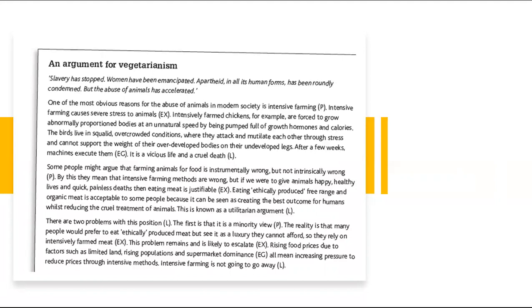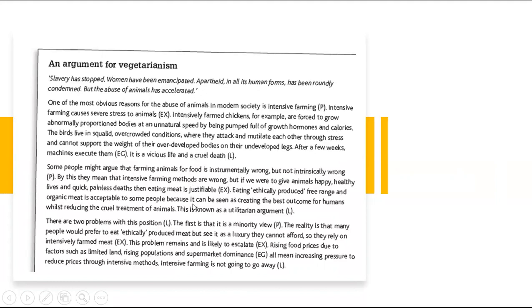After a few weeks, machines execute them. There's your example. It is a vicious life and a cruel death. You're linking that back for obvious reasons why it shouldn't happen, and particularly at the top, the abuse has been accelerated. When I'm saying at the top, I'm talking of this sentence here.